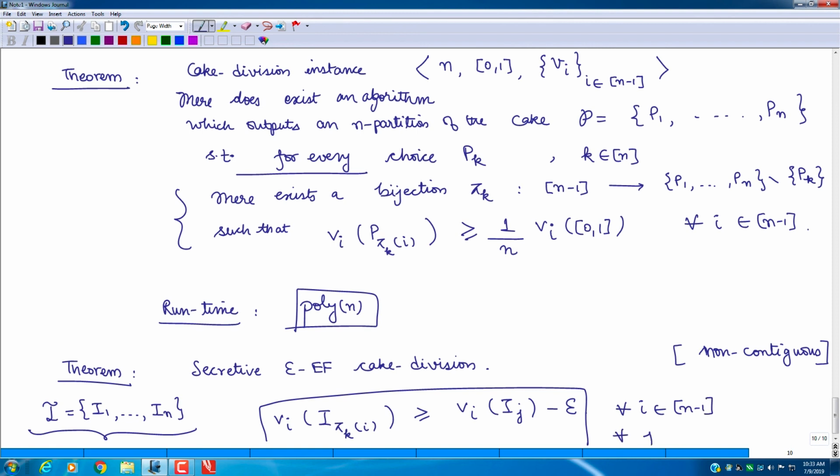And again, this j runs over all n, which means that the remaining n minus 1 agents also do not envy the nth agent. But here we are able to achieve epsilon envy-freeness, again in poly time.